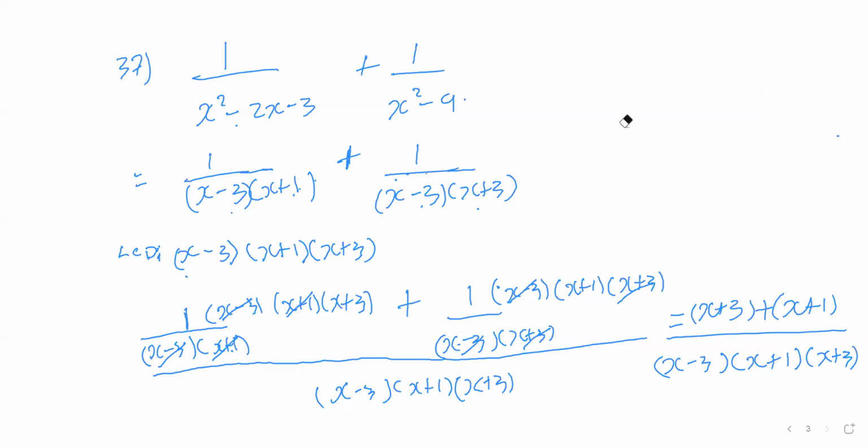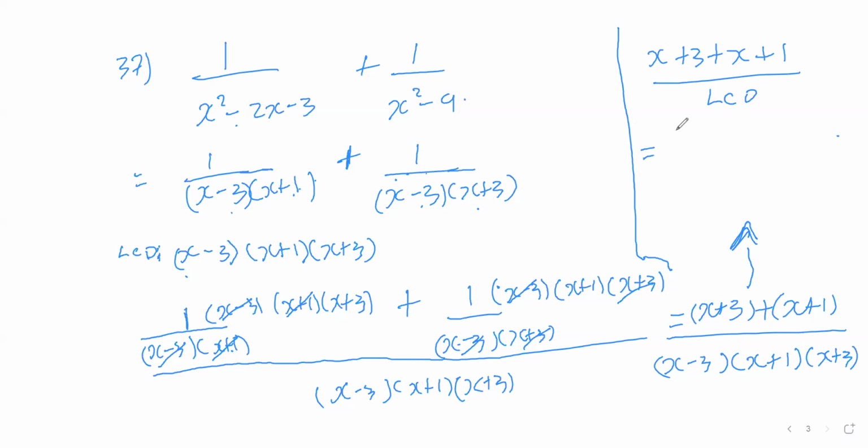If I decide to do that, then my simplified form will be x plus 3 plus x plus 1 over the LCD, which is x plus x is 2x, plus 3 plus 1, 4, over the LCD. Okay, and that's the simplified form for the sum of these two fractions. So that's the idea of LCDs.